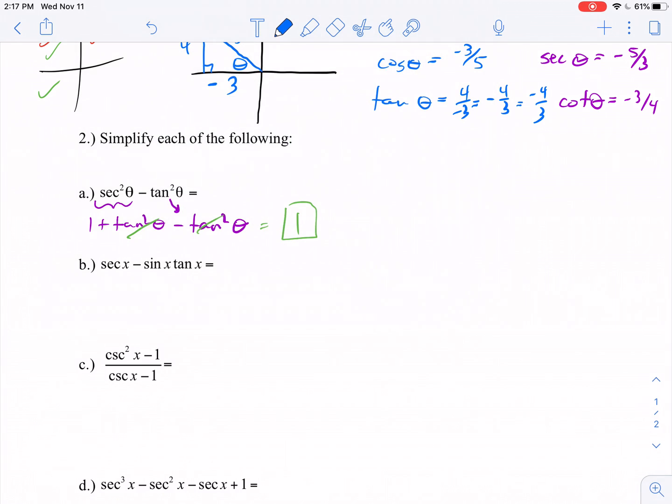Now in that next one, you might take that secant and write it as 1/cosine, and then you'd have sine of x times, and with that tangent we might write that as sine of x over cosine of x. Now you could write it 1/cotangent, that would be acceptable, but I'm going to go sine over cosine.